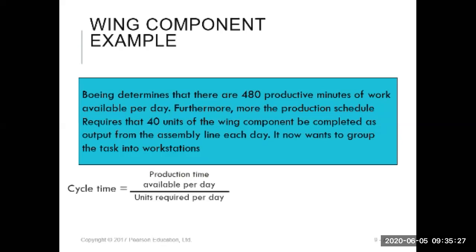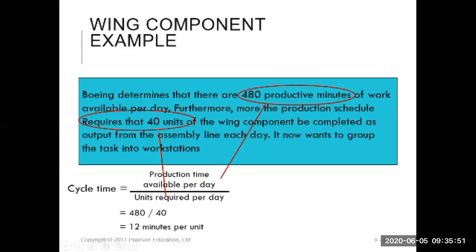So cycle time is production time available divided by units required: 480 minutes divided by 40 units. You get a cycle time of 12 minutes per unit for each workstation. Every 12 minutes you have to pass the unit to the next workstation and start a new unit, to avoid the bottleneck.